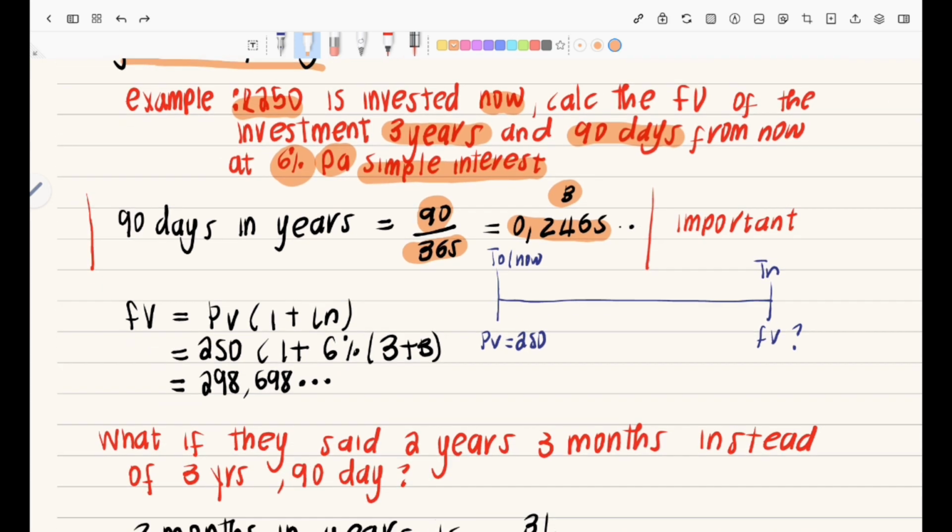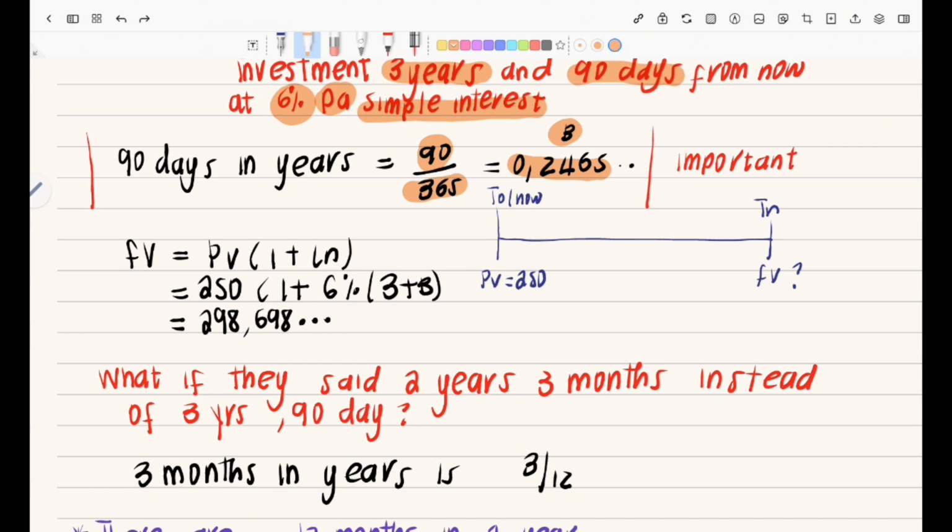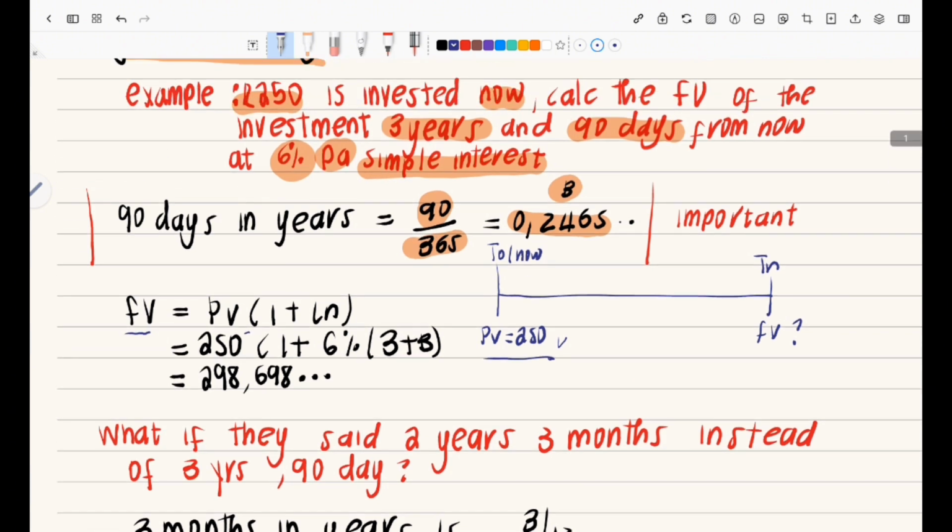And then if I just substitute into my formula, the future value is exactly what I'm calculating. The future value is equal to the present value. As I said, the present value is the value that you have at time period 0, and it is 250 in this instance. And then 1 plus 6%, the rate that I was given, times N. N is 3 years plus the 90 days, but the 90 days need to be expressed yearly.